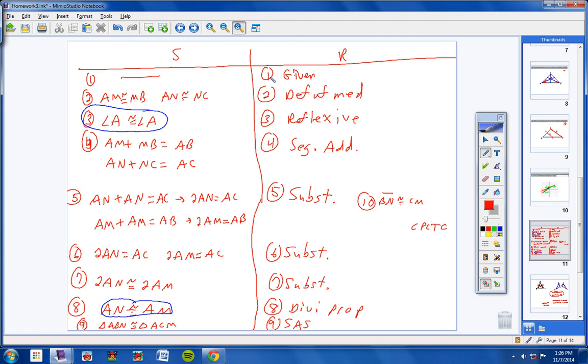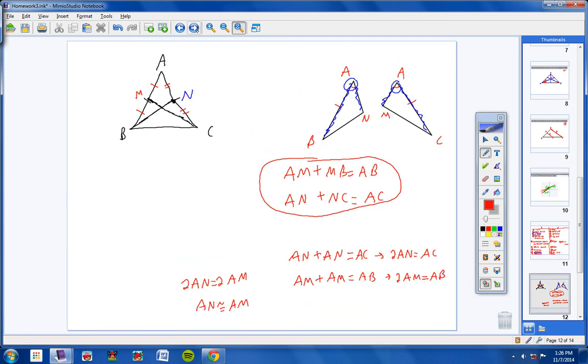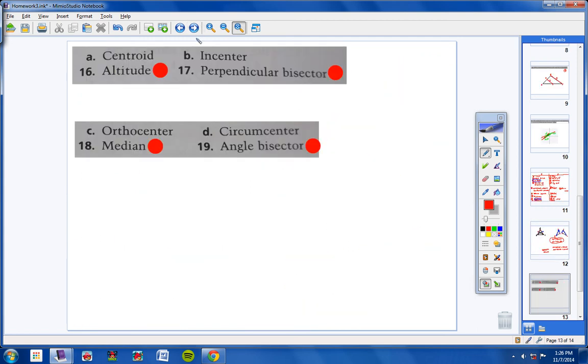All right, moving on. Number 16 through 19. Here we go. Match the special segment with the name of the point, okay? Very good. Well, look, guys. When you draw your altitudes, they all intersect at a point called the orthocenter.